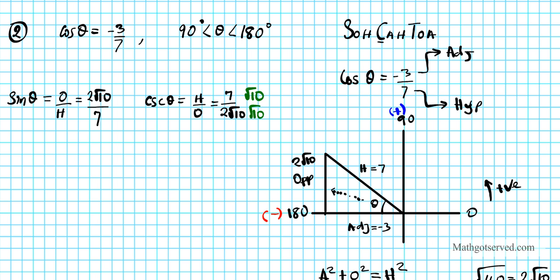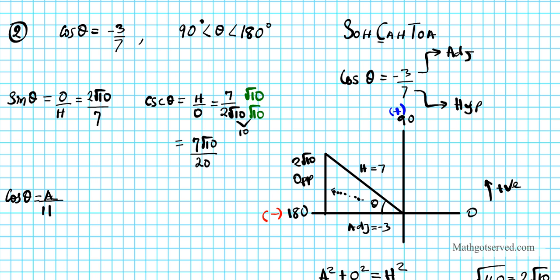So that yields 7 root 10. In the denominator, root 10 times root 10 is just 10, so 2 times 10 is 20. So there goes cosecant.